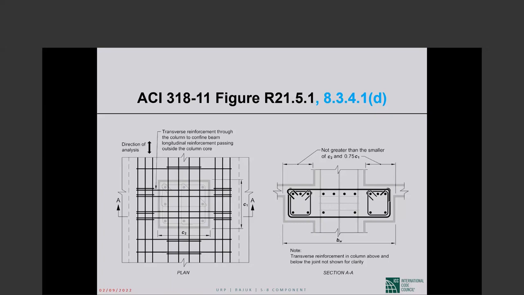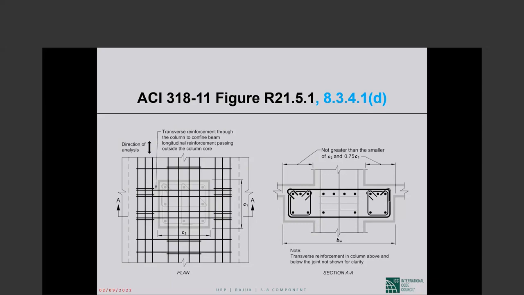ACI 318 has no explicit restriction. It never says in black and white, flat plate column frames cannot be part of the resisting system of a structure assigned to design category D, E, or F. BNBC has added that kind of a statement, which I like very much. But ACI 318 does not allow flat plate column frames as part of the resisting system because of this dimensional limitation.